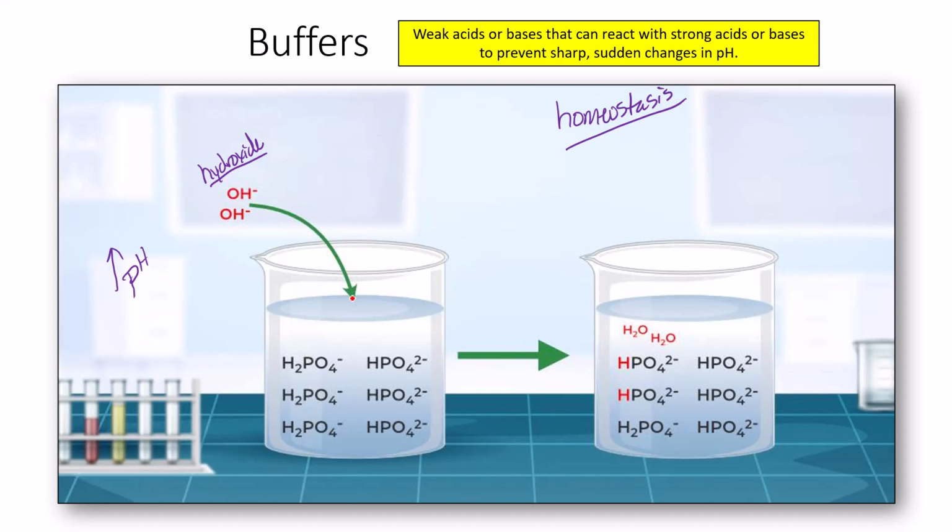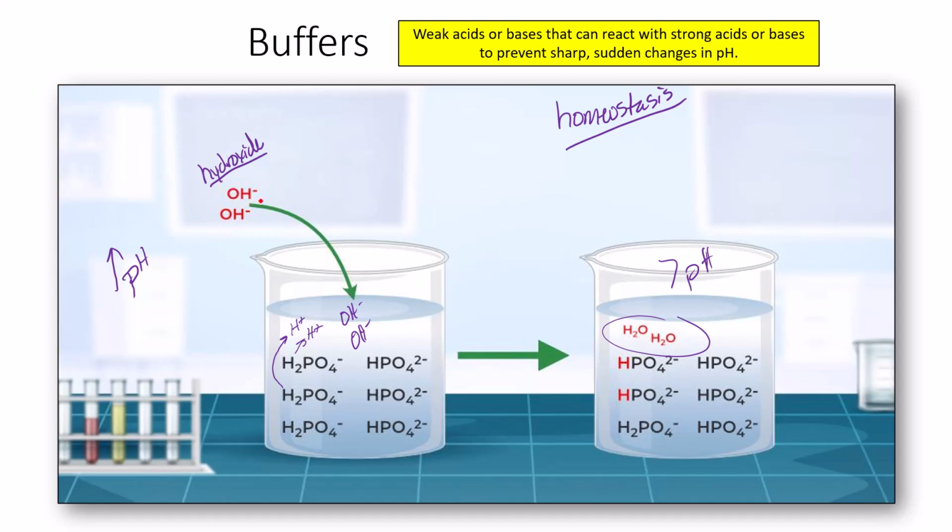You'll notice that when these hydroxide ions are added, the OH negative are going to simply pull some of these hydrogens off, meaning an H plus is going to be pulled off of these two H2PO4 molecules, and they're going to combine with the OH negatives that were just added, and they're going to therefore create water. Water has a neutral pH, or a pH of 7, and therefore will not change the overall pH of the solution, and it will maintain stability even when a base is added, such as hydroxide, or it could be sodium hydroxide.